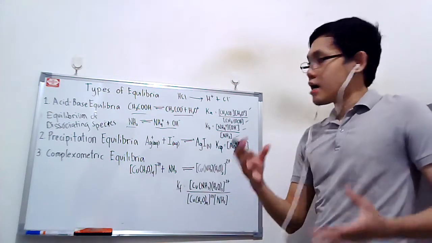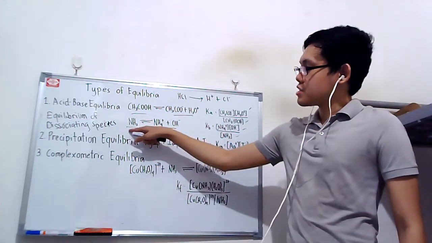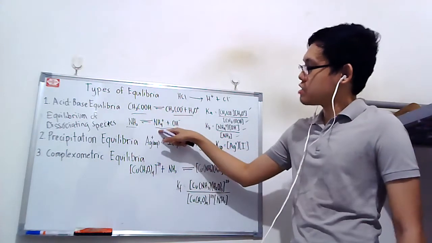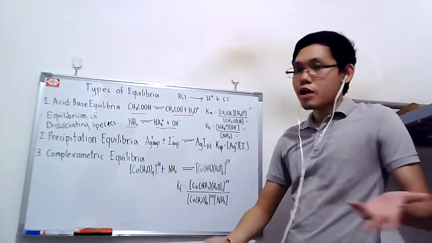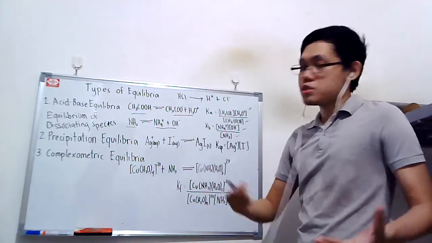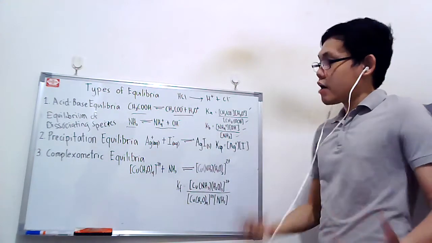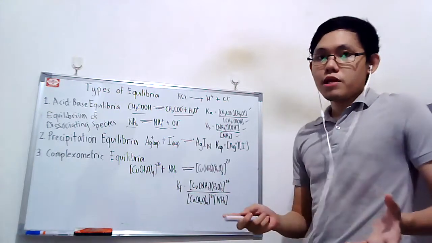So, mai-apply nyo rin siya dito. Dito, yung NH3 na-protonate siya para mag-form ng NH4+, and then yung nag-protonate na water, nag-lose siya ng hydrogen, kaya naging OH. So, for now, ito lang muna yung dapat mong malaman para sa acid-base equilibria.